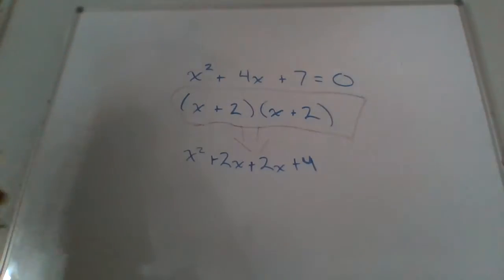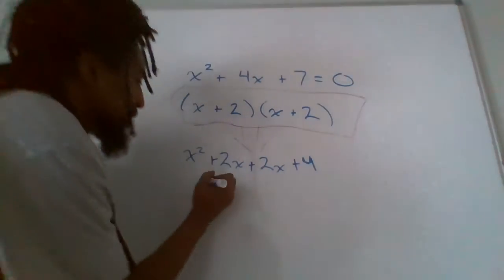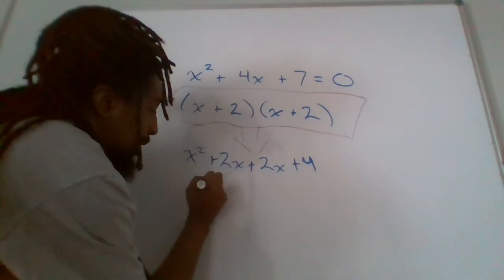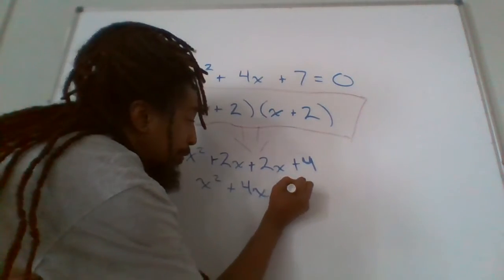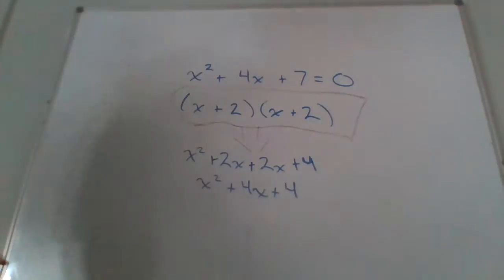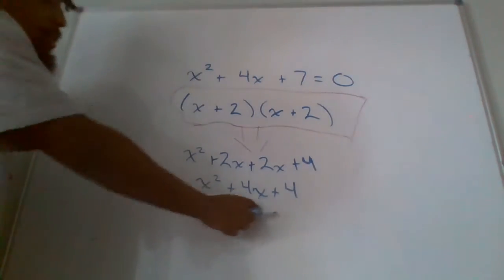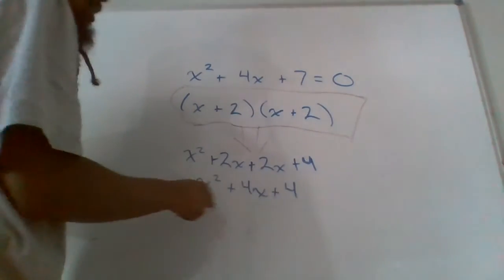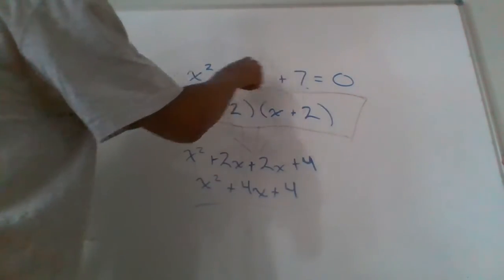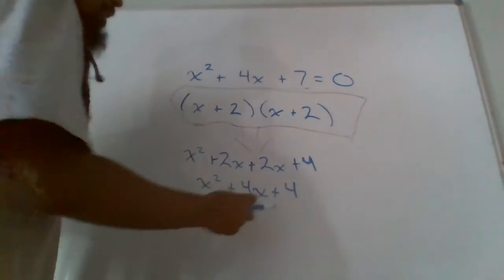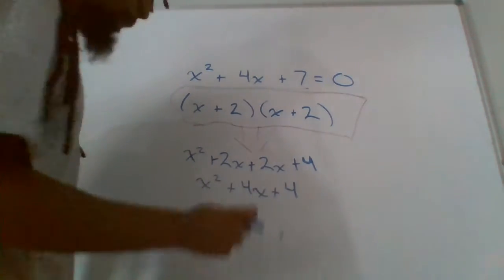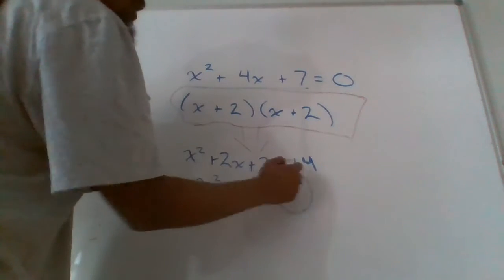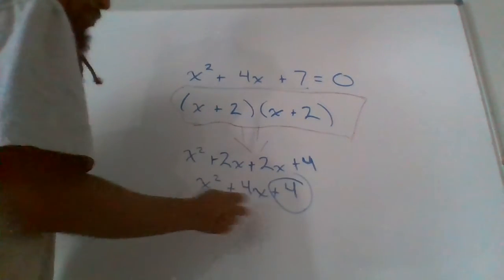Now let's combine these two here: x squared plus 4x plus 4. See, now our equation here looks similar to this. But in order to get this, we need to add a 4 to the rest of this.